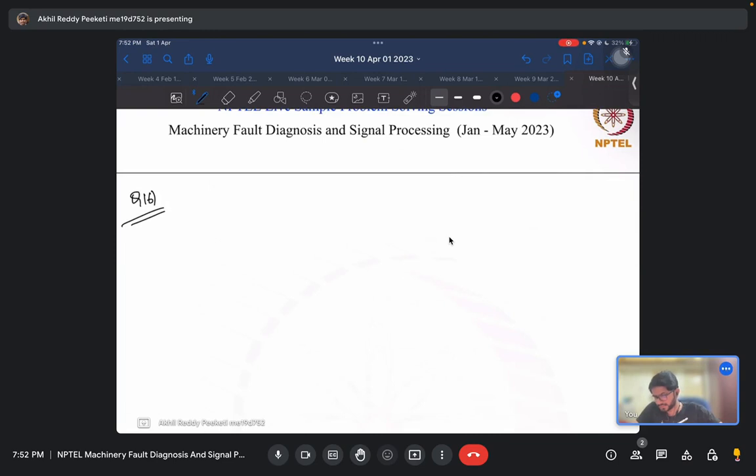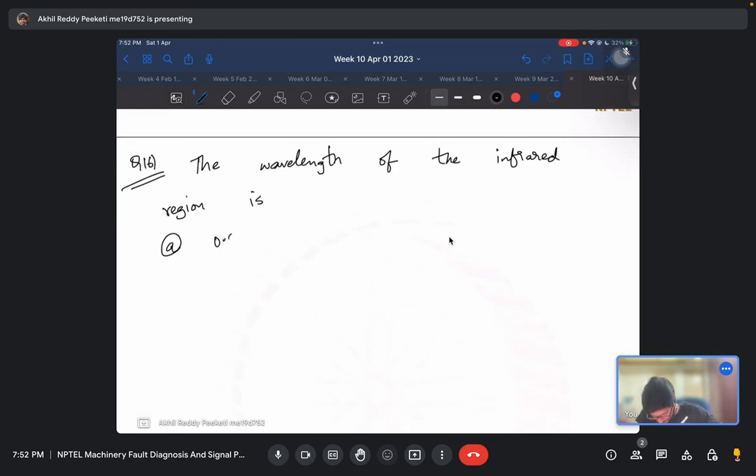Let's look at the next question. The wavelength of the infrared region is 0.2 to 0.4 micrometer.